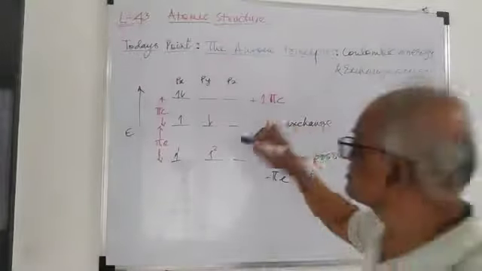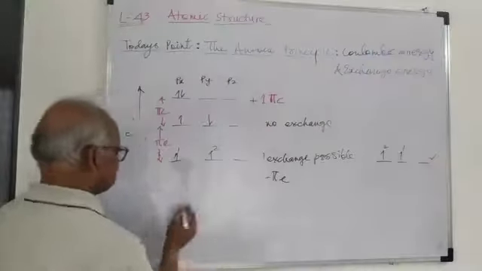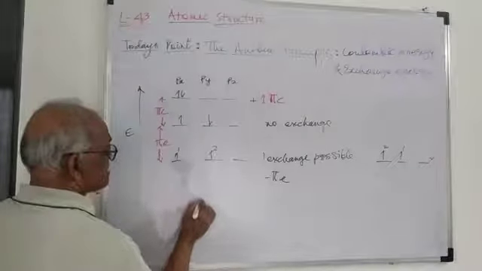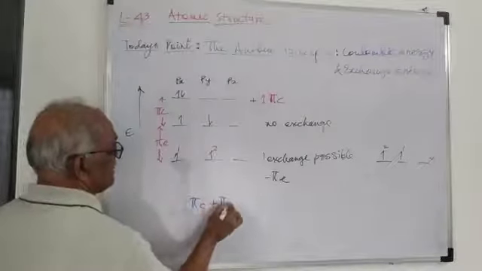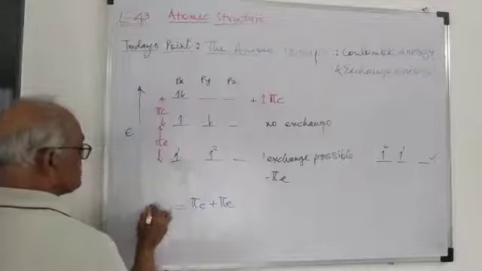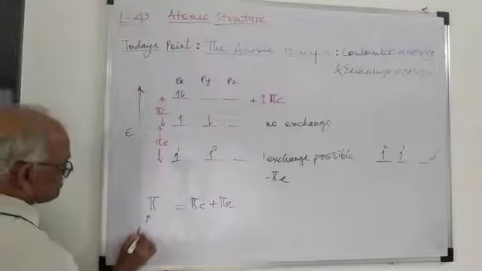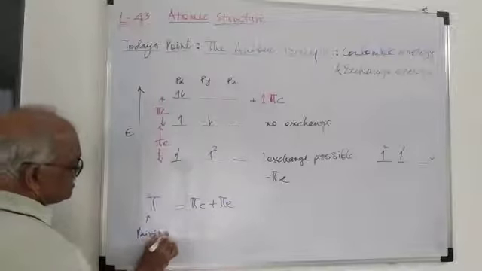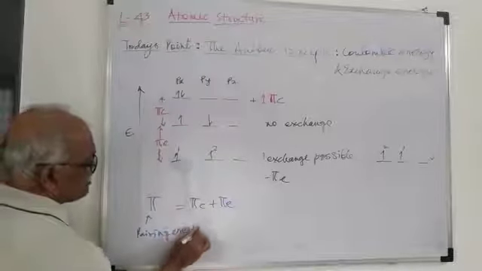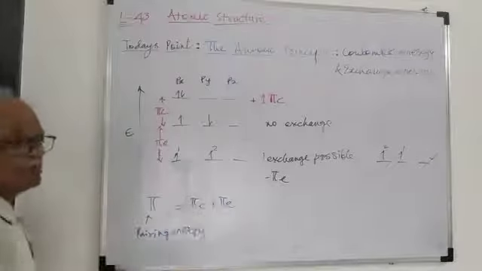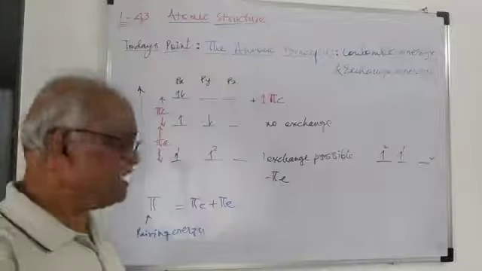Now when these two terms are added together, that is pi c plus pi e, it gives us the pairing energy, that is pi. So pairing energy is the addition of Coulombic energy and the exchange energy.